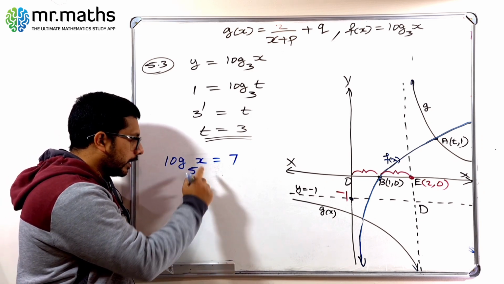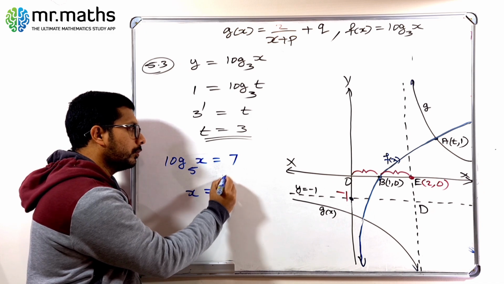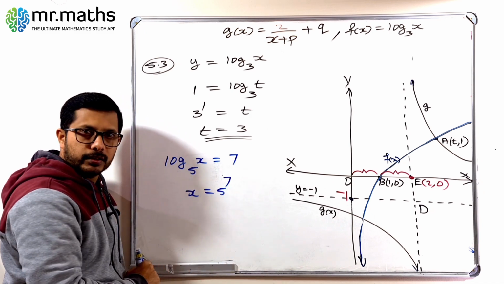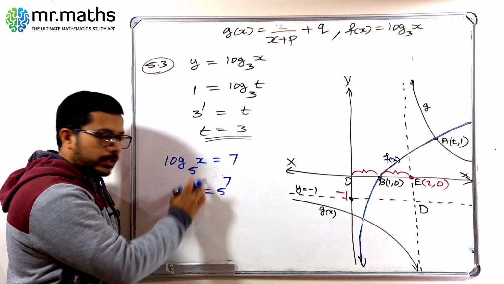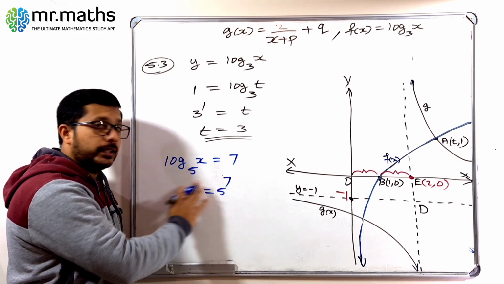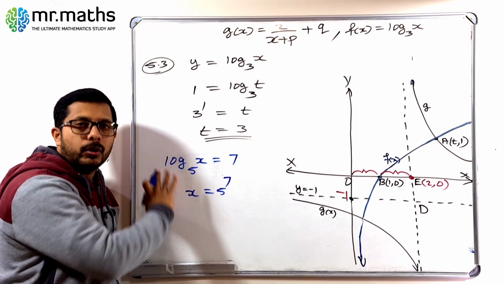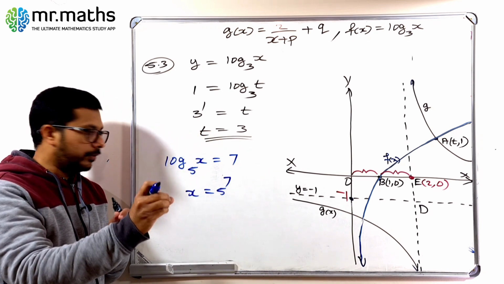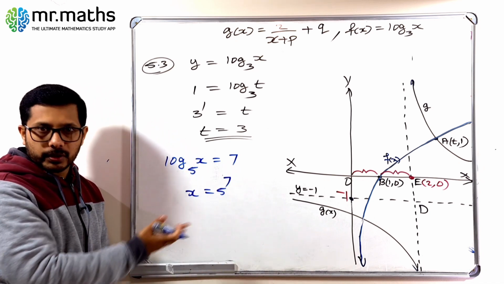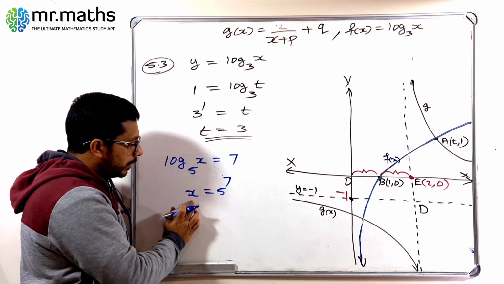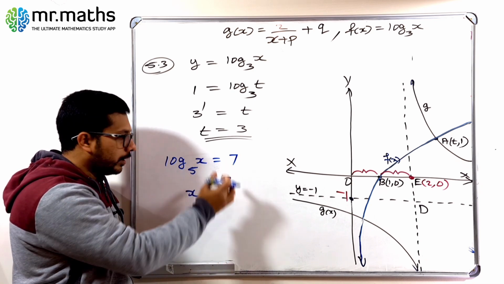This x is equal to this base 5 raised to this power 7. Do you understand? Okay, so this is how you want to write the logarithm. I'm not saying that this is correct, I'm just giving an example, that's all. The way that you want to write the value of x is here, not whether the values are correct or wrong. So x is equal to this base 5 raised to 7. That is how you want to write.